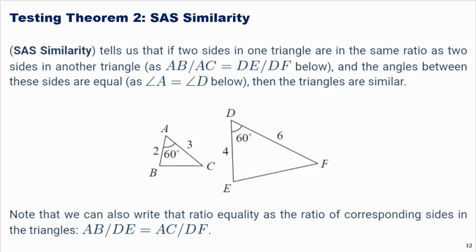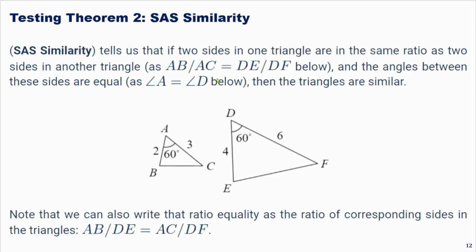Note that we can also write the ratio as the ratio of corresponding sides in the triangles. So you could also write AB over DE equals AC over DF. So this is called SAS similarity. Are you clear?